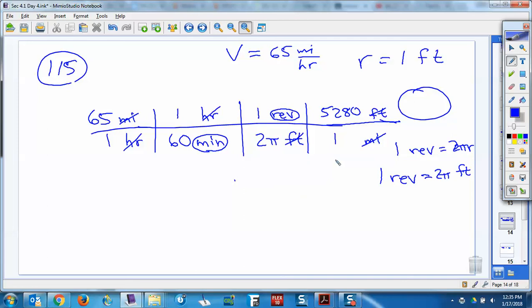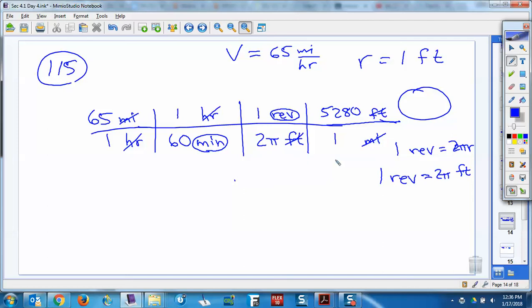So at the end of the day, many of these problems can be done simply: look at your given information, look at what you want to end up with for units, and then make it happen. It's all about multiplying and dividing. Whatever that comes out to, I don't know what I got here, 910.37, does that sound right? I didn't work these out.